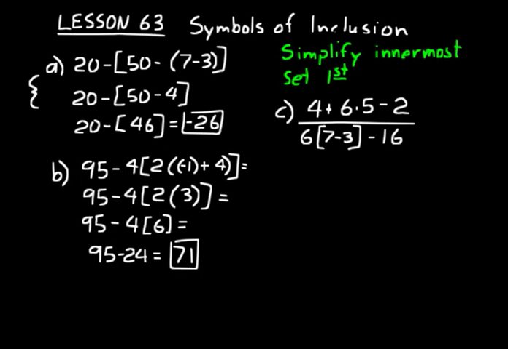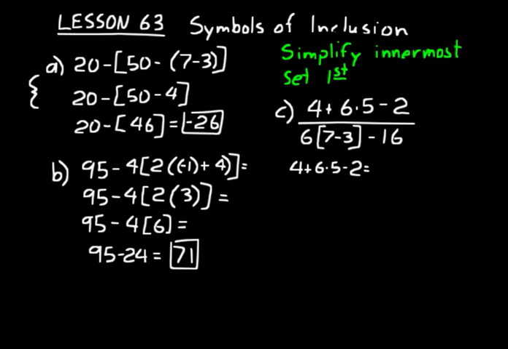Let's do another problem. This time we have a fraction, and if you remember in lesson 52, I said on problems like this to work the numerator and denominator out separately and then combine them back together, reducing as you need to. So let's work on the numerator first, and rewrite it over here. We'll do our multiplication first.